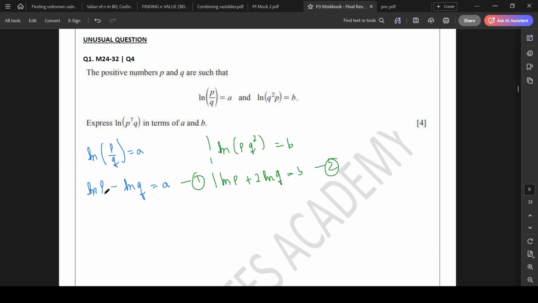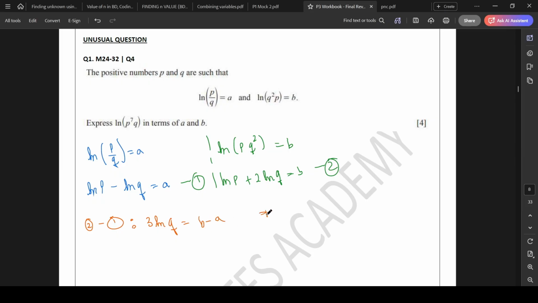Because I know that ln p is repeated, I can do either equation 1 minus equation 2, or I can just equate them. It's up to you. So let's say I'm going to perform equation 2 minus equation 1. So 2 ln q minus of minus ln q is 3 ln q is equal to b minus a.